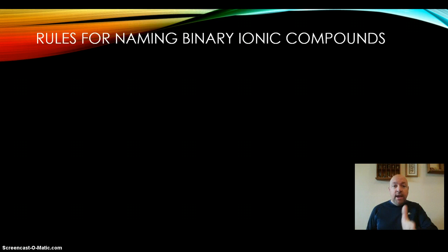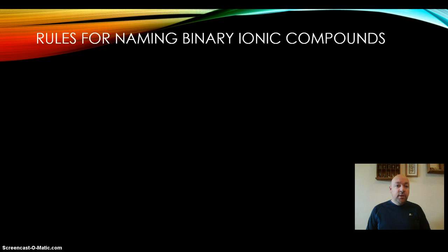In other words, they can have multiple oxidation numbers, and as a result, there's something else we have to add to the naming procedure. Everything we say today is still going to apply to the transition metals, but then we're going to add one other thing to that, and we'll explain more details of that in class.